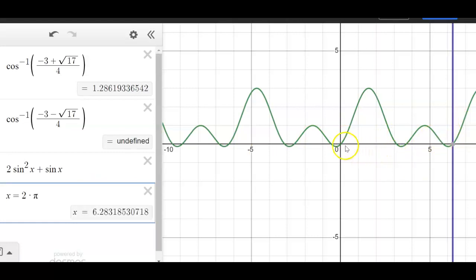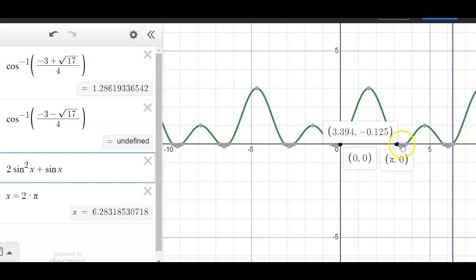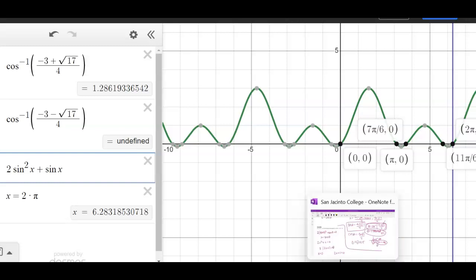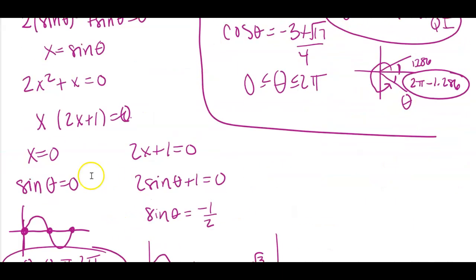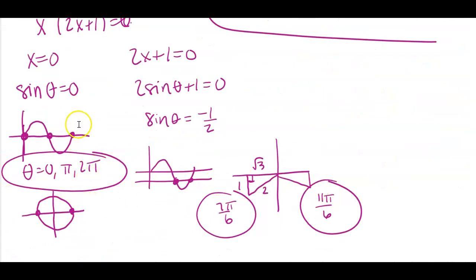Because there's 2 pi. And so that's at 0, pi, 7 pi over 6, 11 pi over 6, and 2 pi. So that's one way you could check your answer as well to make sure that you have all of the solutions algebraically in your problem.